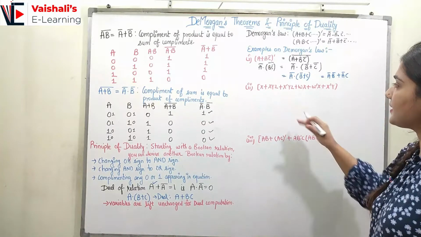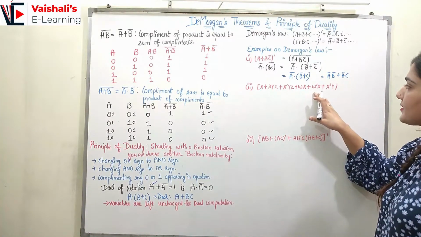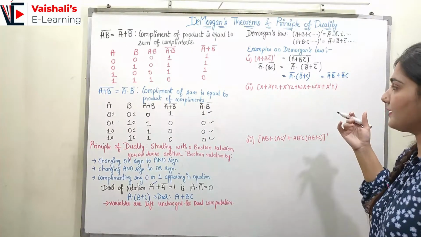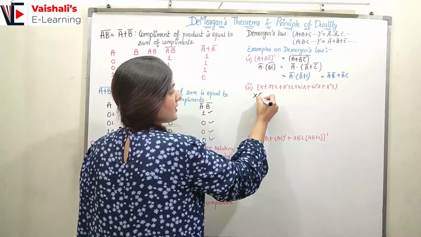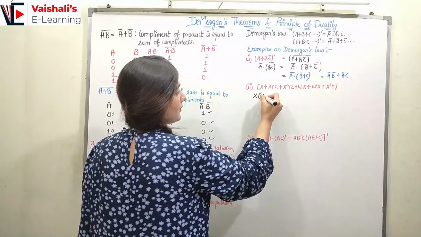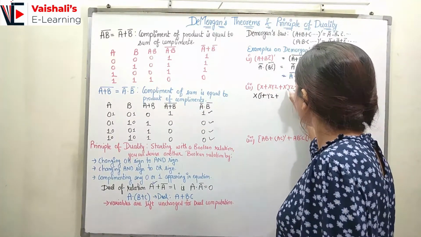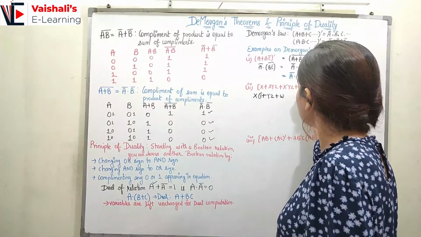The next problem states we have x plus xyz plus x dash yz plus wx plus w dash x plus x dash y. Now we have to simplify this. Now what I'm going to do, I'm going to take x to be common. So when I take x to be common, here I am left out with 1 plus here I have yz plus, now here I am not having x but here I am having x, so plus w, right?